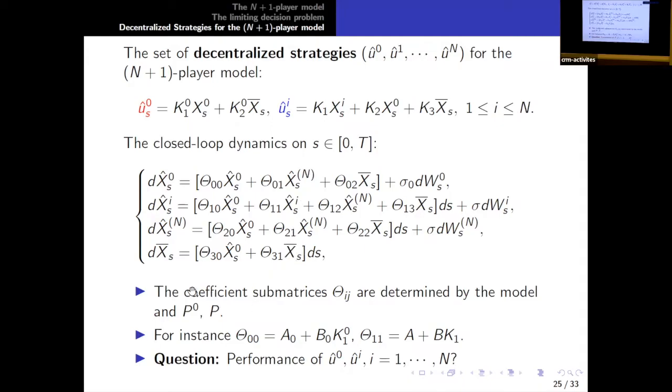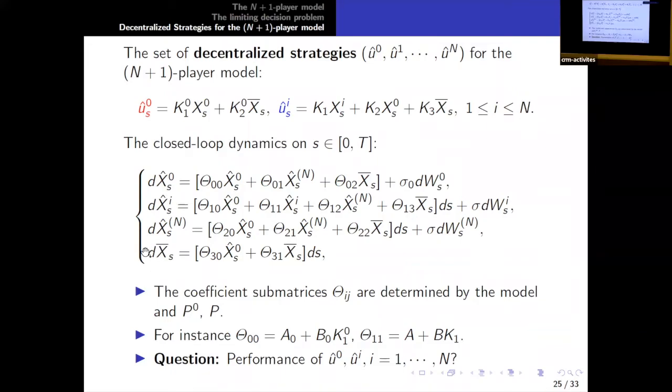So for the major player, in the end, it uses the first component, the second, and the third. For a follower, it uses the 4 components in the system.